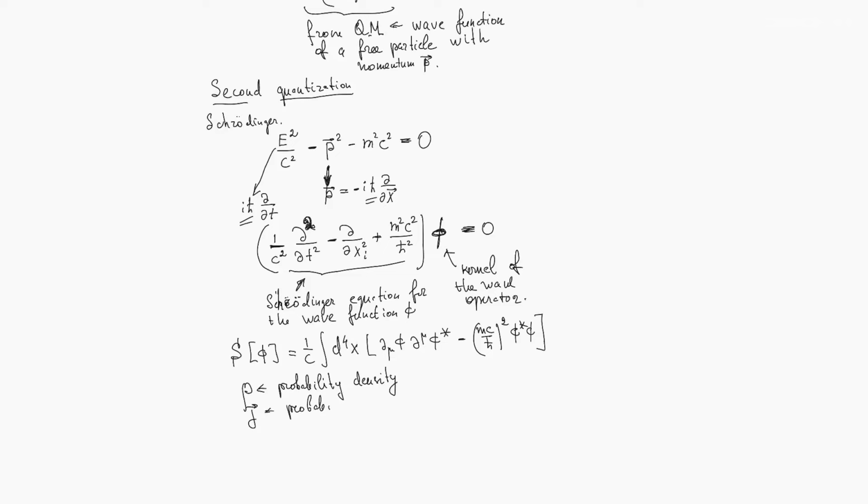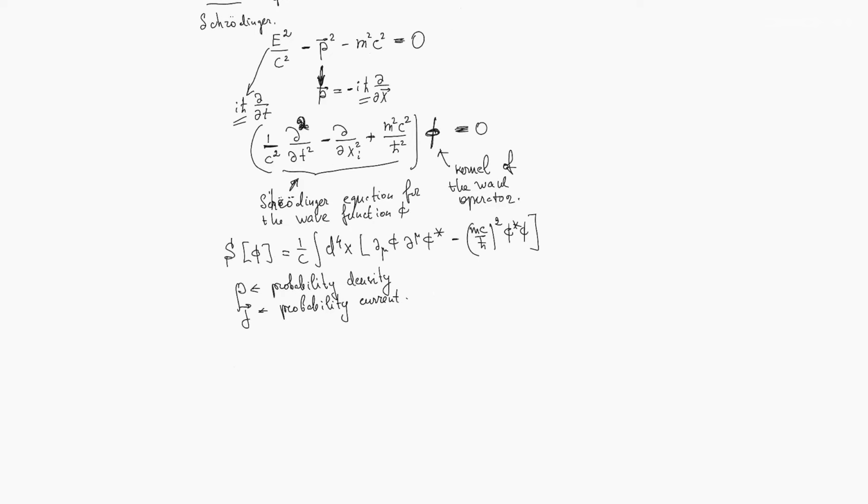And these quantities are defined explicitly via this complex field phi as follows. So rho is i h bar divided by 2mc squared, phi star time derivative of phi minus phi time derivative of phi star.